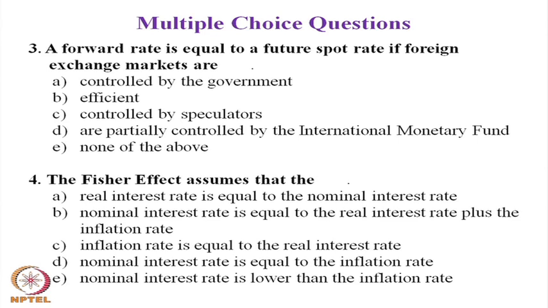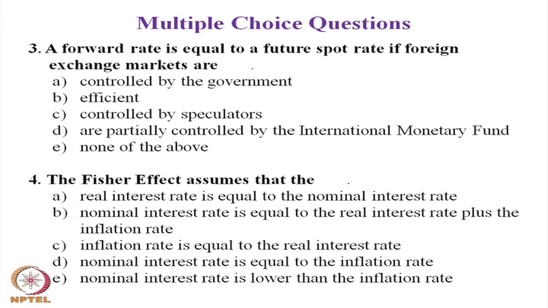Number 4, the Fisher effect assumes that A, the real interest rate is equal to the nominal interest rate. B, nominal interest rate is equal to the real interest rate plus the inflation rate.